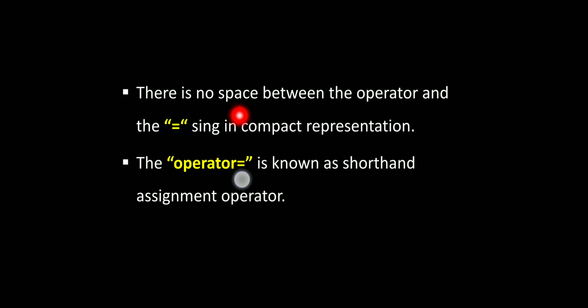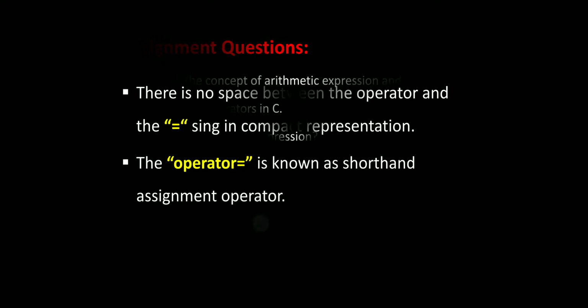There is no space between the operator and the equal to sign in this compact representation. The operator equal to is what we call the shorthand assignment operator. This is about the shorthand assignment operator.